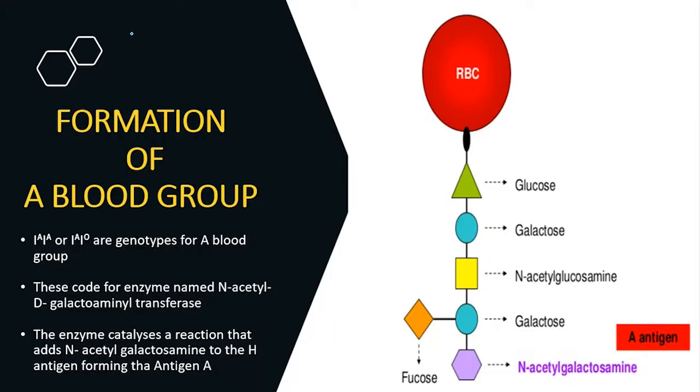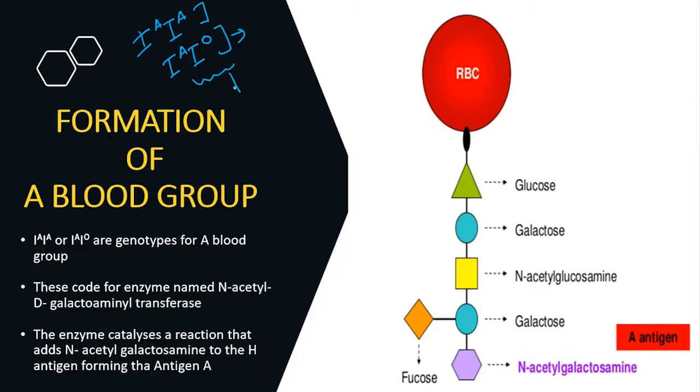The A blood group variant is the variant of the I gene. The form of gene which expresses the A blood group is either IAIA or IAIO. So these are the genotypes for the A blood grouping.